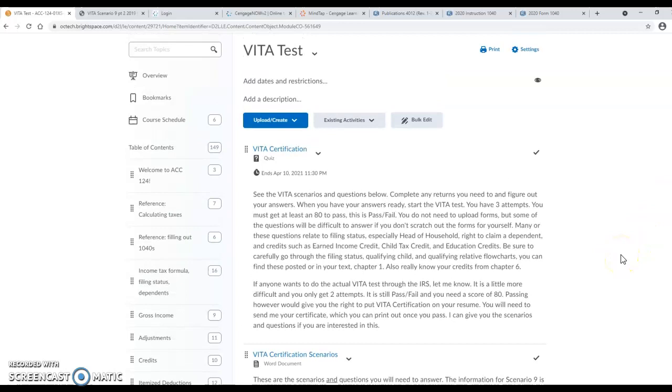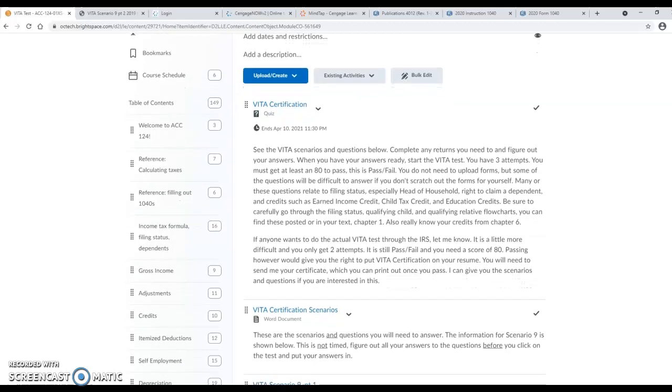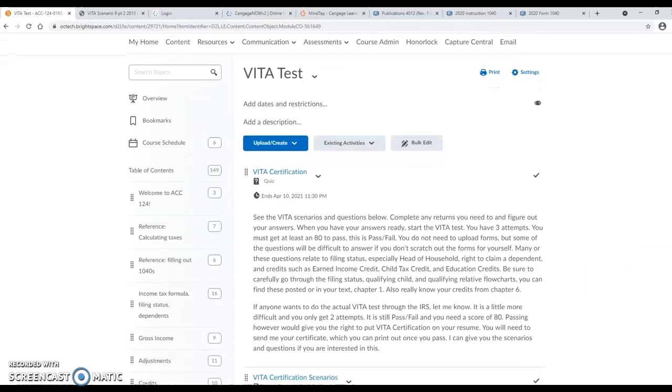If you've only got a little bit low, then re-go over the scenarios and see if maybe you weren't carefully following them out as far as filing status and who's a dependent, what kind of dependent, what kind of credits go with that.